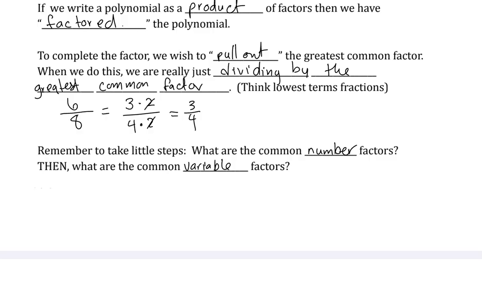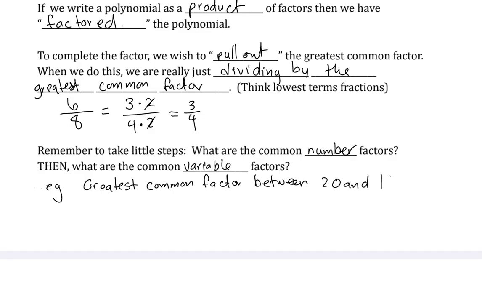Okay, so for example, what's the greatest common factor between 20 and 16?